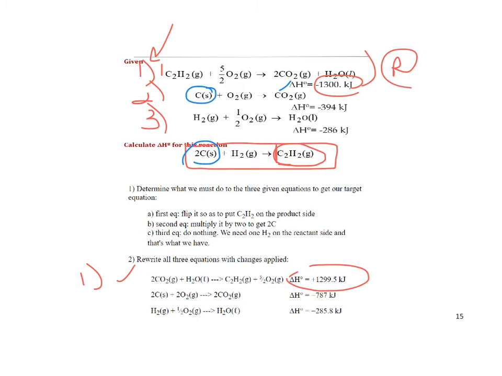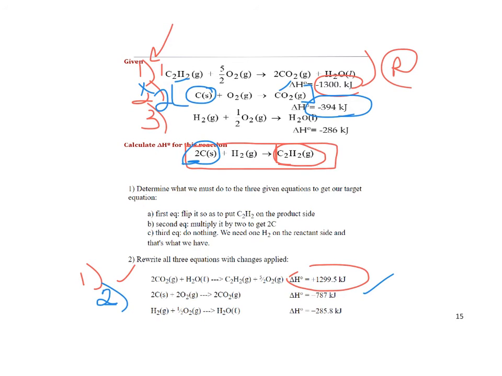Even though carbon is on the right side, there isn't enough of it. We need 2 carbons. So what I'll do with this reaction is multiply all of the coefficients by 2, as well as the delta H value by 2. When I do that, I come down here and multiply all the coefficients by 2 and the delta H value by 2.